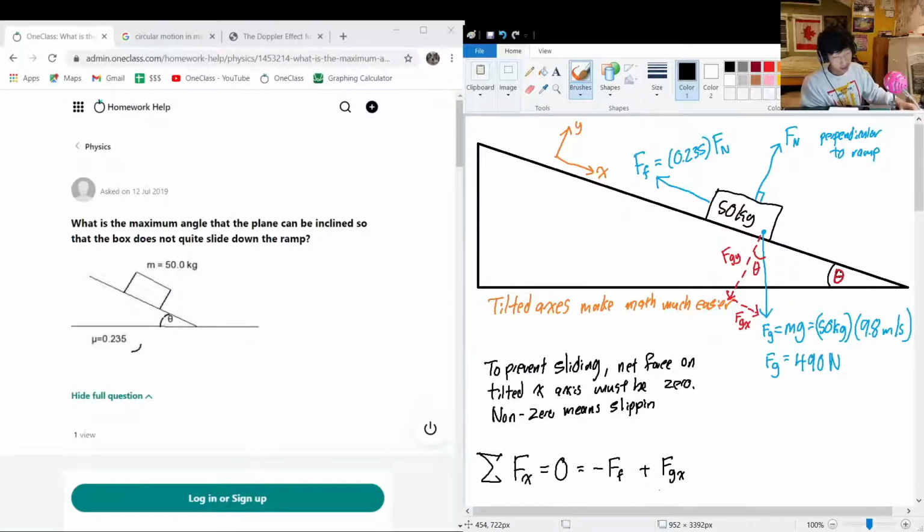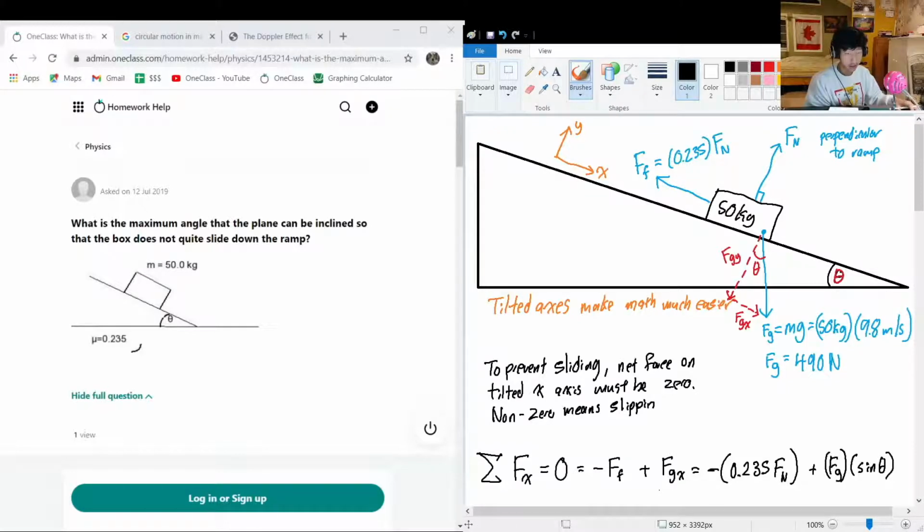Now we can rewrite this: negative Ff can be rewritten as negative 0.235 Fn plus Fg times sine of the angle.